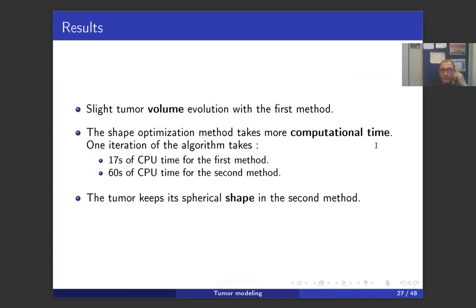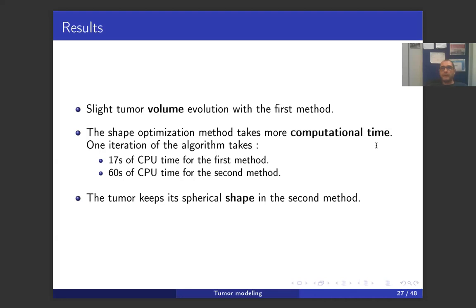We remark a slight tumor volume evolution using the first method, but with the second method, we have a spherical shape, which is greater than the first results.